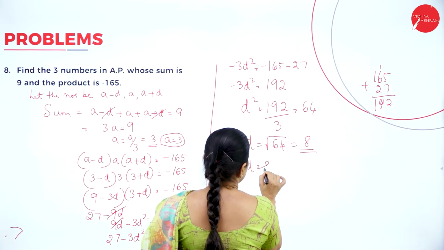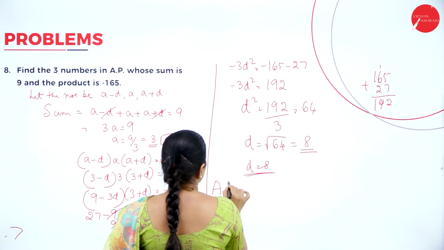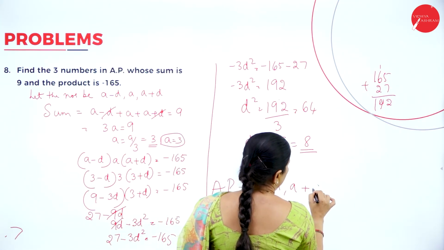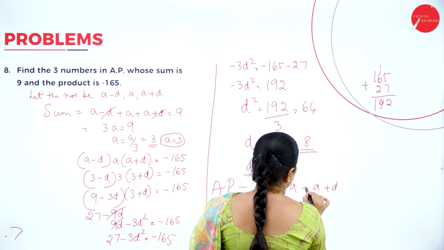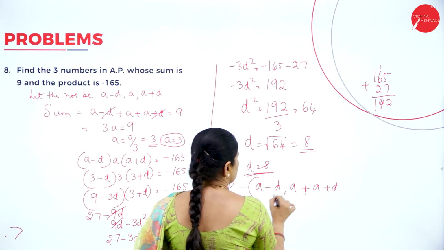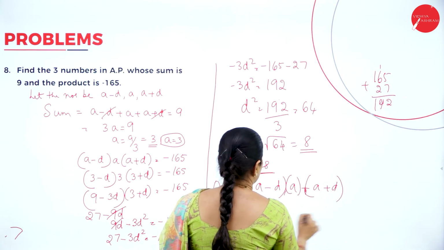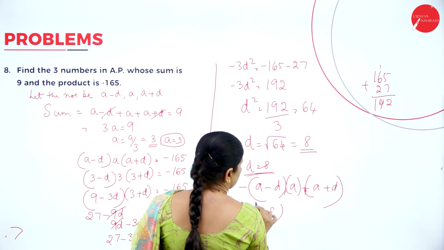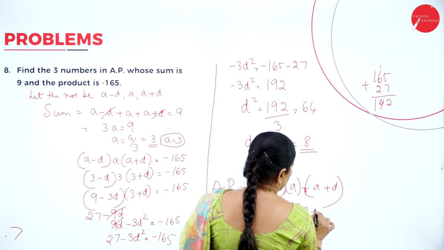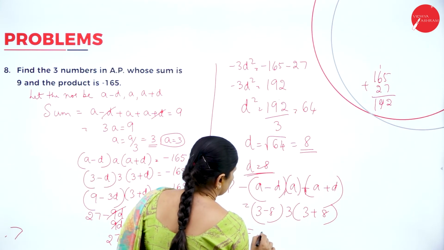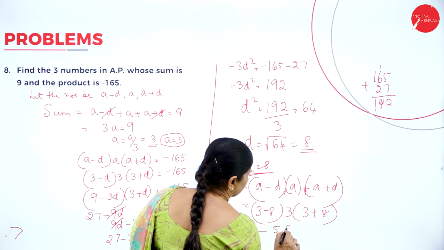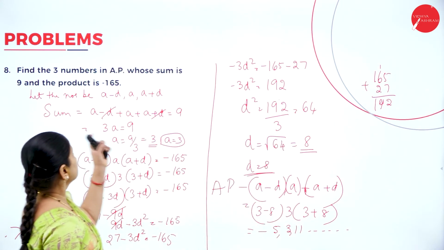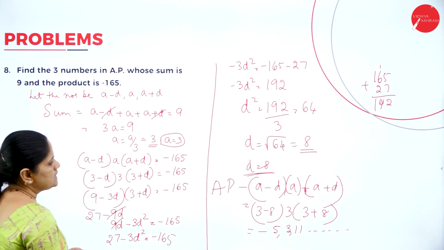So, D equals 8. Now, the AP equals A minus D, A and A plus D, so 3 minus 8, 3, 3 plus 8. 3 minus 8 is minus 5, 3, 11 is the answer.